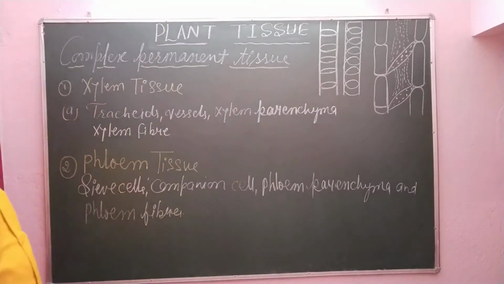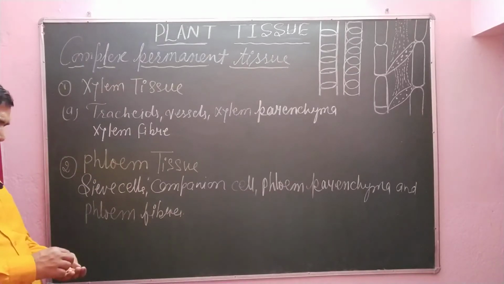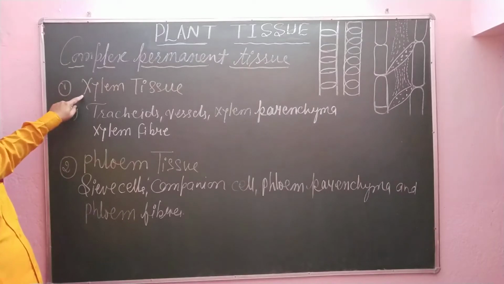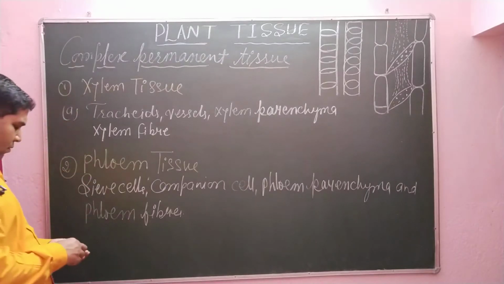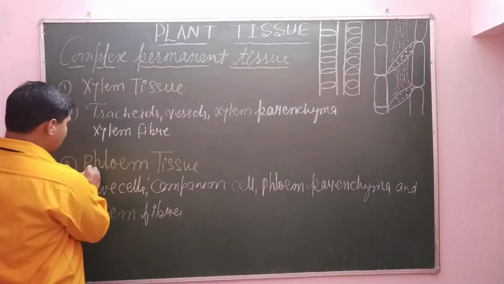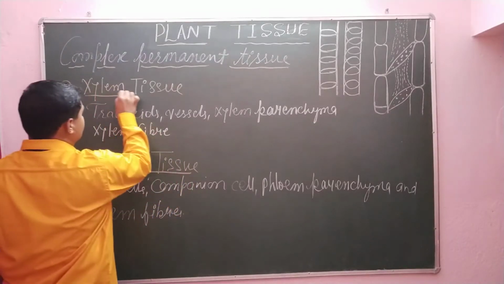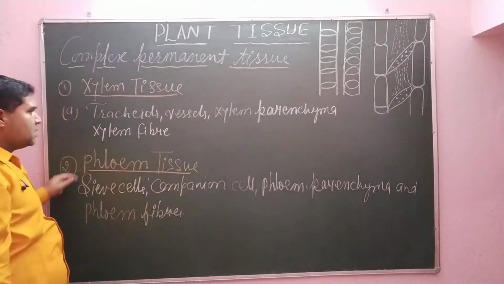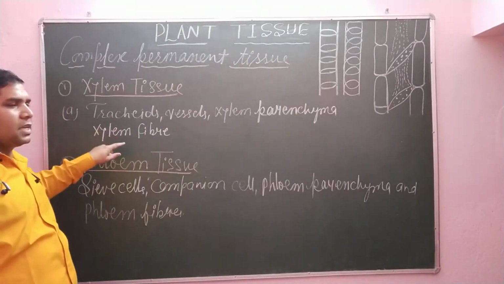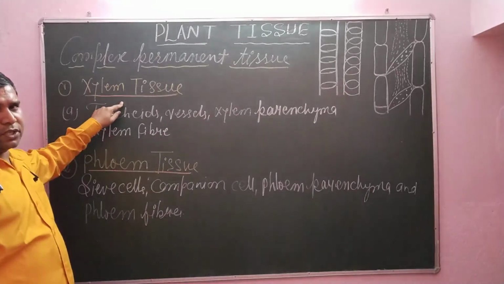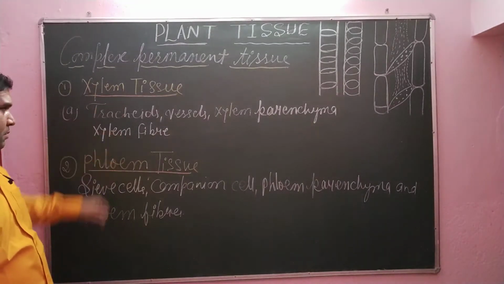So dear student, you see the different types of tissue. These two types of tissue, xylem tissue and phloem tissue, are known as complex permanent tissue. The reason behind it is that different types of cells make up these two types of tissue.